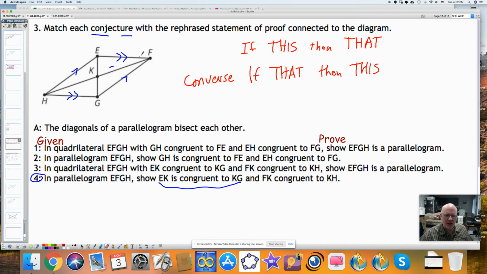If HK and FK are congruent, that means that EG is the bisector of that segment. And that's what we're trying to prove, that the diagonals of a parallelogram bisect each other.